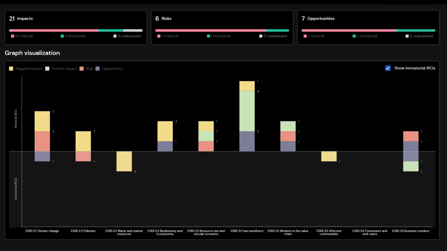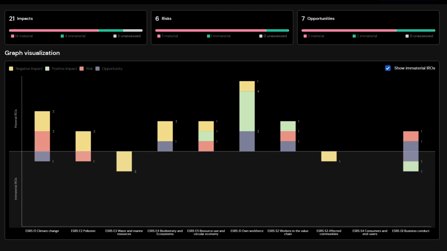So I would caution against using the non-material information in a sustainability statement. We know that the requirements of the standard want us to focus information on that which is material and not to focus information on that which is non-material.